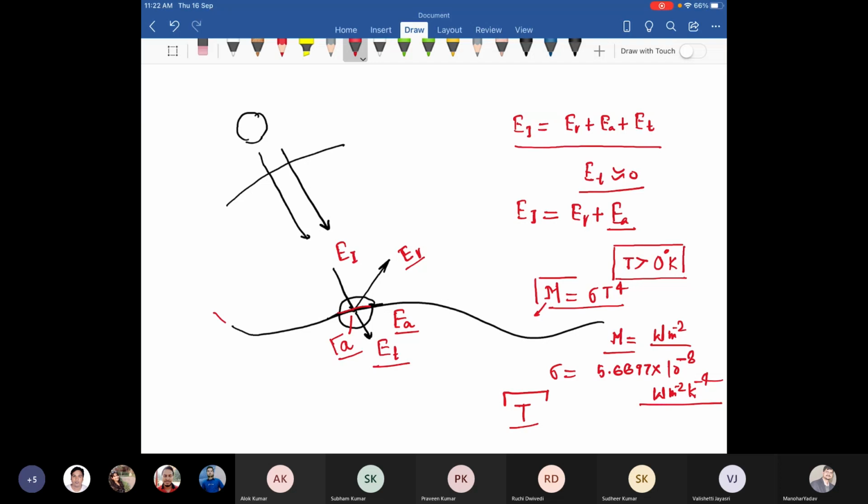Now again, we are coming back to the discussion at point A, considering this first equation.